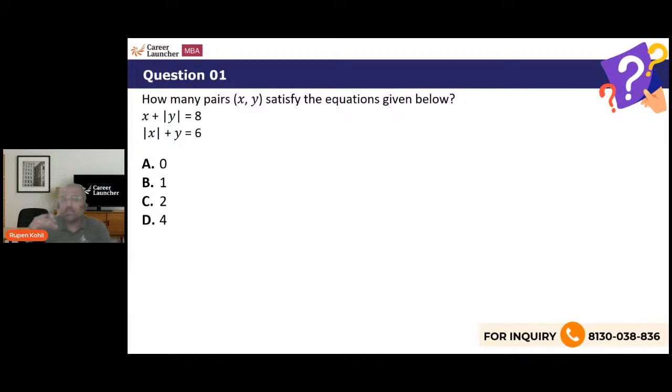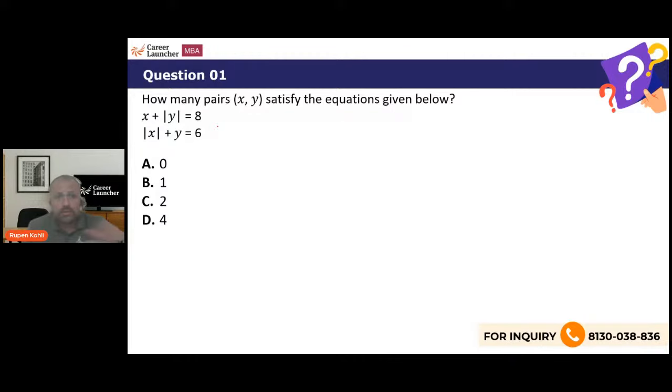So the equations are convertible to linear equations as per the different ranges of the values of the input. For the first equation, x plus mod y equals 8, if y is positive, then mod y is y, and if y is negative, then mod of y is minus of y, right?